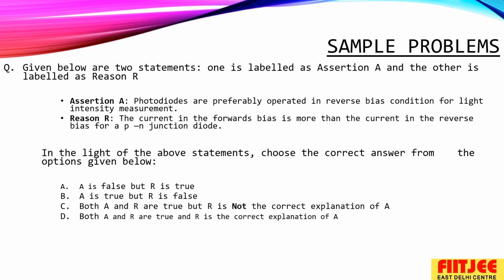In the light of the above statements, choose the correct answer from the options given below. Here four options are given. As we know, a photodiode operates in reverse bias and it is a photodetector to detect optical signals. So the assertion is true but the reason is false. So option B is the correct answer.